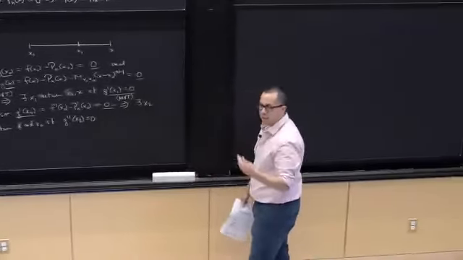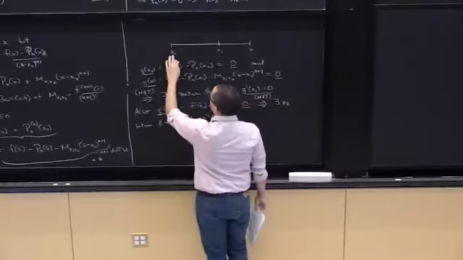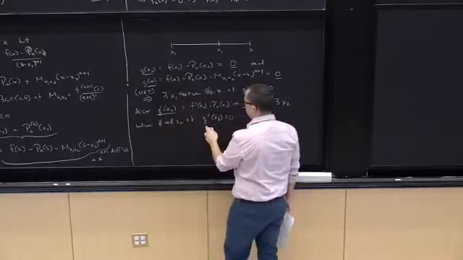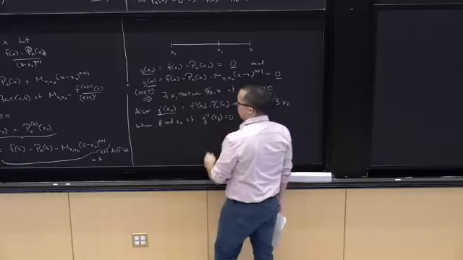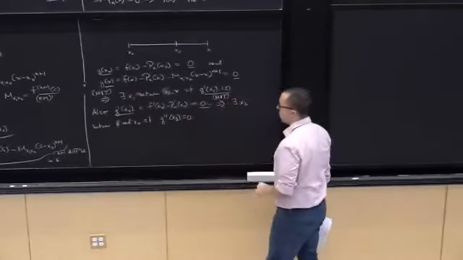Okay? And now I just iterate this, right? Because I still know at x0 the second derivative of g is also 0 as long as n is bigger than or equal to 2.